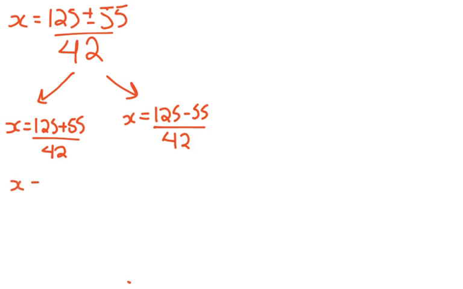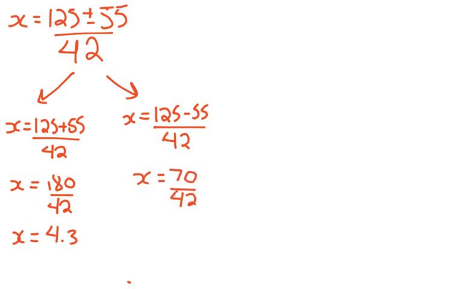Working those out on the left, we get x equals 180 over 42. Divide that out, that would give us 4.3. On the right, we end up with 70 over 42, which works out to 1.7.